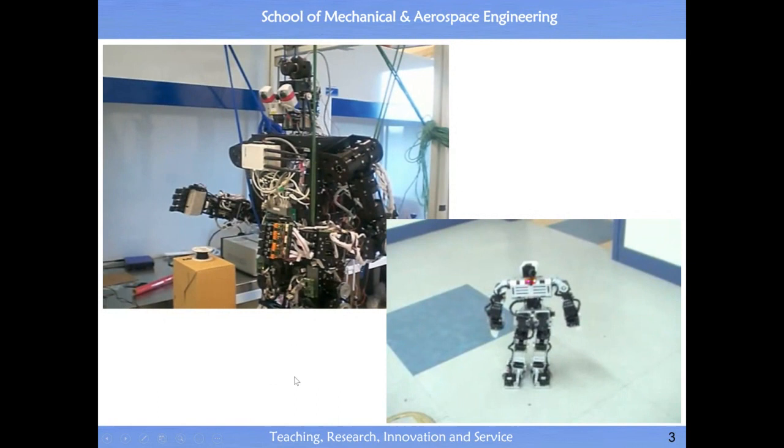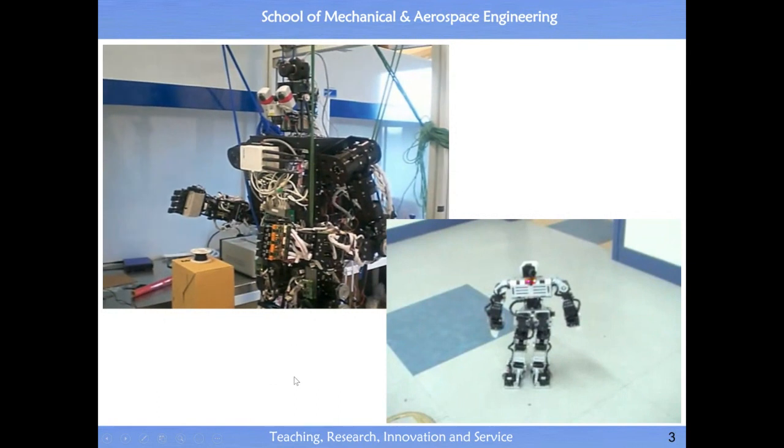Okay, so you see these two typical examples of a smart system or smart product in which a microcontroller or microprocessor system plays a very important role.